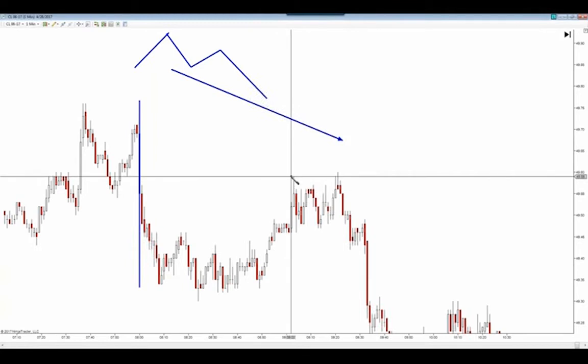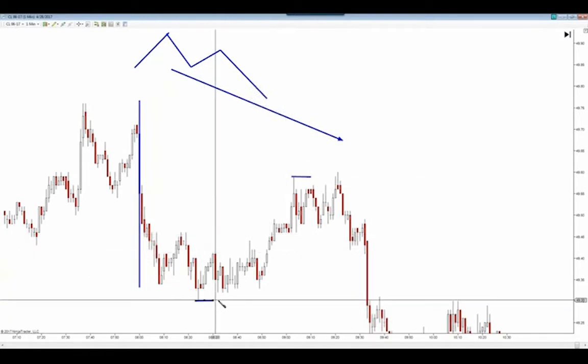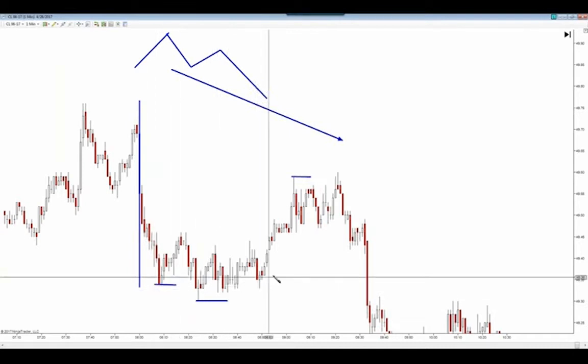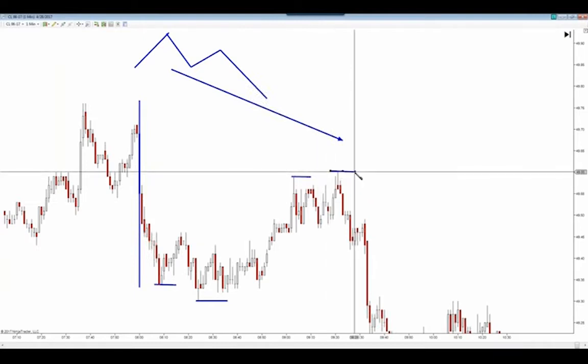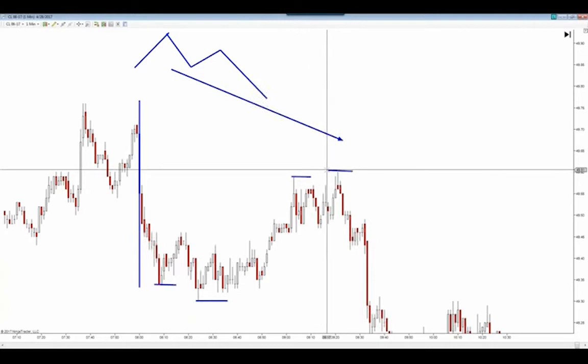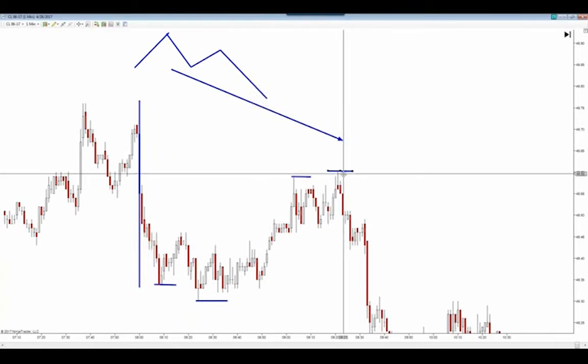We're going to be looking for a new high, all right, if we're looking to the short side, or a new low, if we're looking to it from the long side, all right? And these new lows and new highs as price moves along, these are called pivots. And I know that you've probably heard about these before in some of the other presentations, and I think these are really, really important as well.